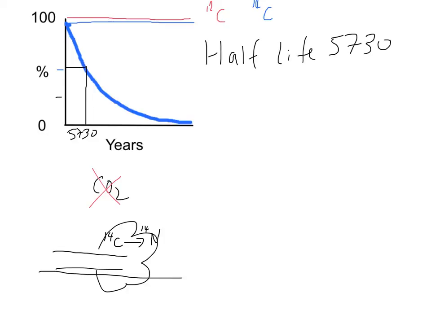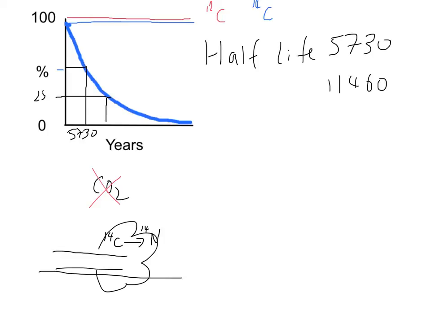If we halve that again, so we're now down to 25% of the original carbon 14, and draw our line across, we add another 5,730 years, so that is now 11,460 years, and that equates to 2 half-lives.